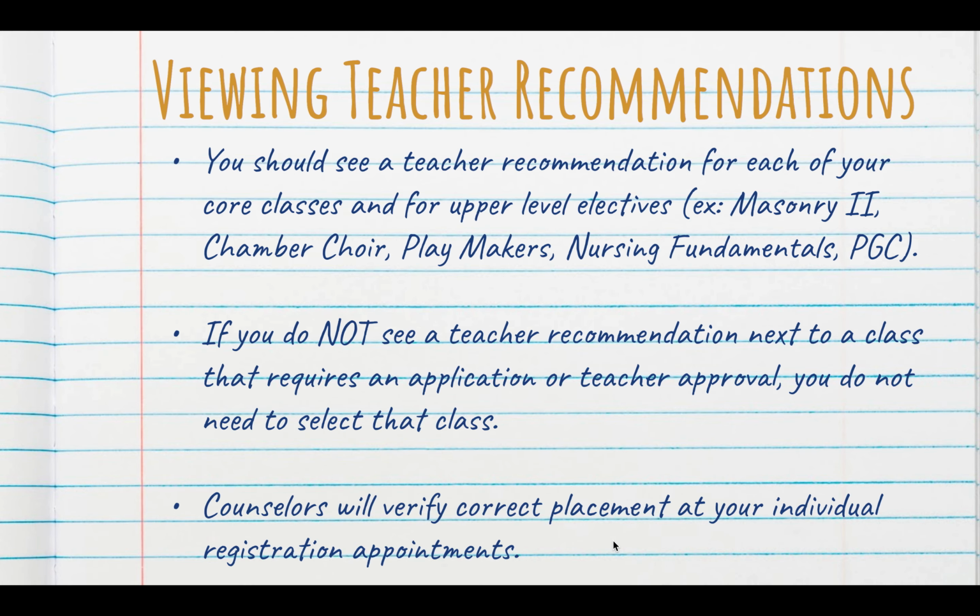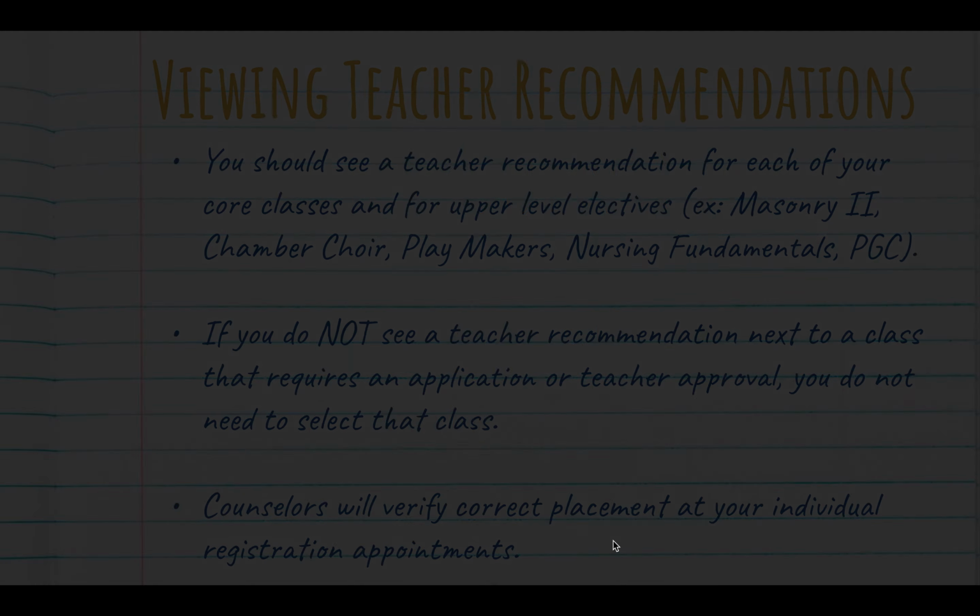You should see a teacher recommendation for each of your core classes and for your upper-level electives, such as Masonry 2, Chamber Choir, Playmakers, Nursing Fundamentals, and PGC. If you do not see a teacher recommendation next to a class that requires an application or teacher approval, you do not need to select that class. Your counselor will verify correct placement at your individual registration appointments.